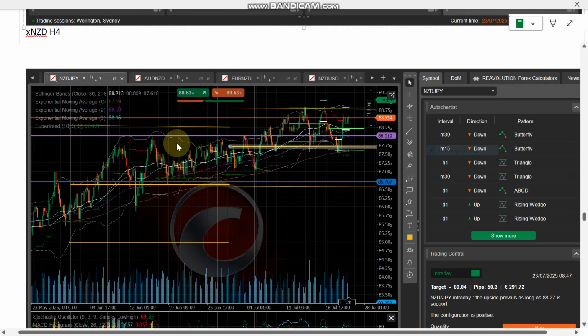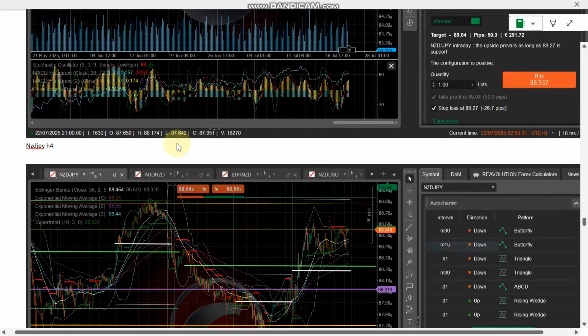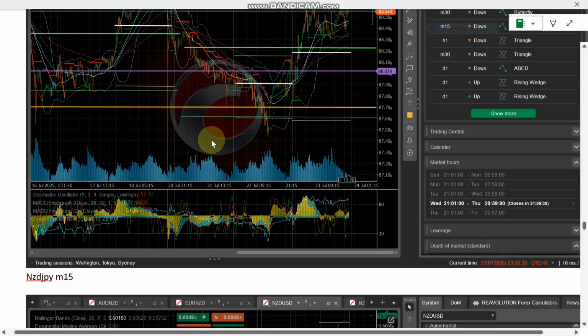This one, New Zealand JPY, 4 hours. A block of 4 hours fighting on the top side of the weekly, daily, still sideways market.